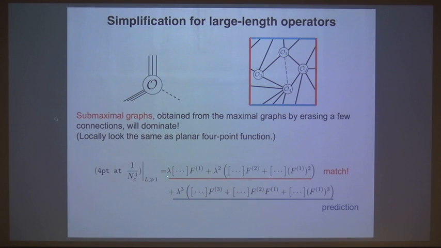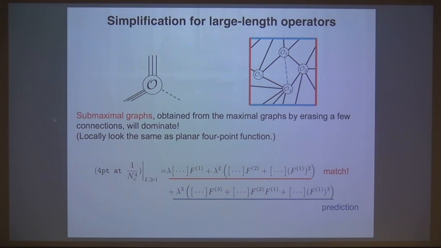In particular, at the leading order and the subleading order in the 't Hooft coupling expansion, you can get results which beautifully match the direct perturbative computation. Furthermore, we can also make a prediction for the next correction. By the way, let me emphasize this is a non-planar correction to the 4-point function, the first non-planar correction.